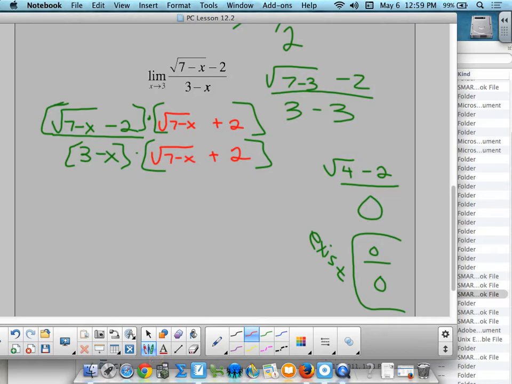Please don't get too far without looking up here once in a while. What was the conjugate of this on top? Square root of 7 minus x plus 2. Did you write that? Is that what you did? Okay. Keep going.